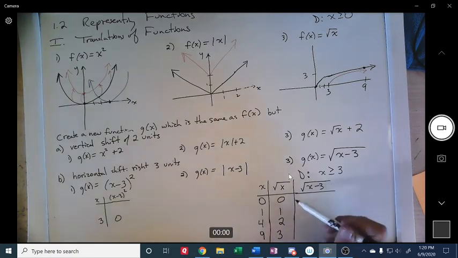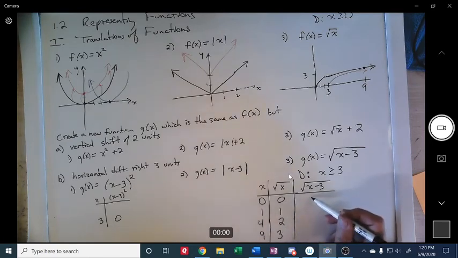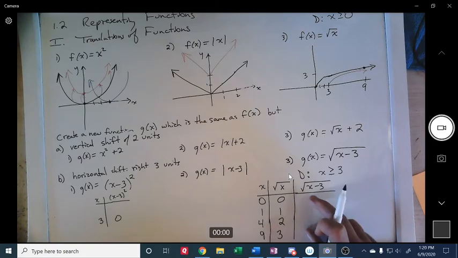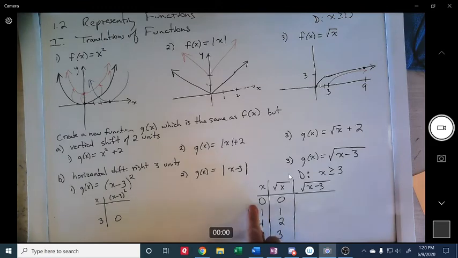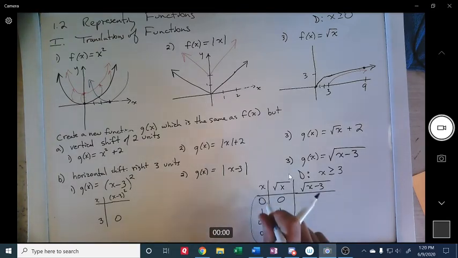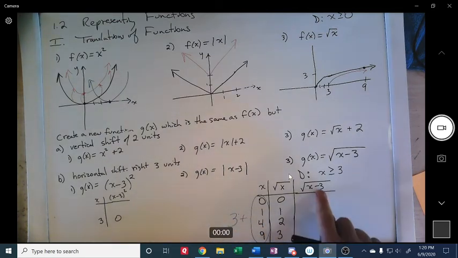Now, suppose I wanted to get the same outputs over here. How in the world can I get the same outputs? To get the output of 0, I'm going to have to start 3 bigger. So what I'm going to wind up doing to each one of these inputs is I'm going to add 3 to them, so that this subtract 3 will cancel with this adding 3, and I'd be back to these, and then I'd be getting those.